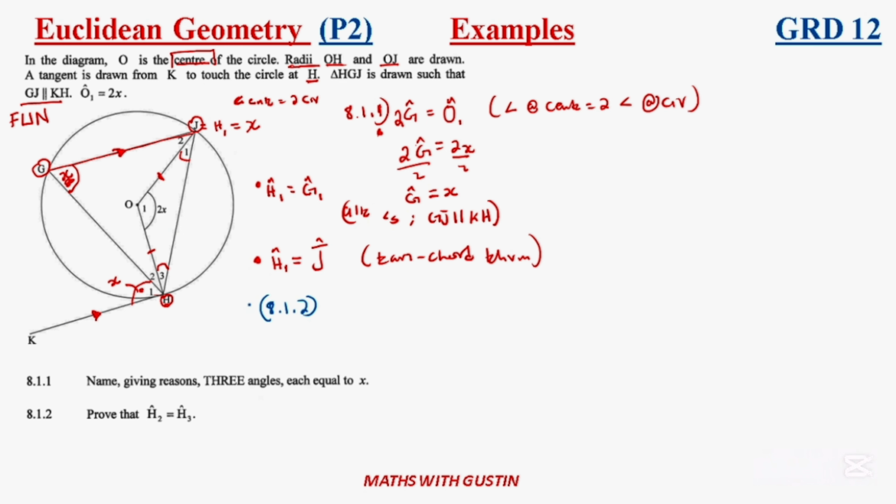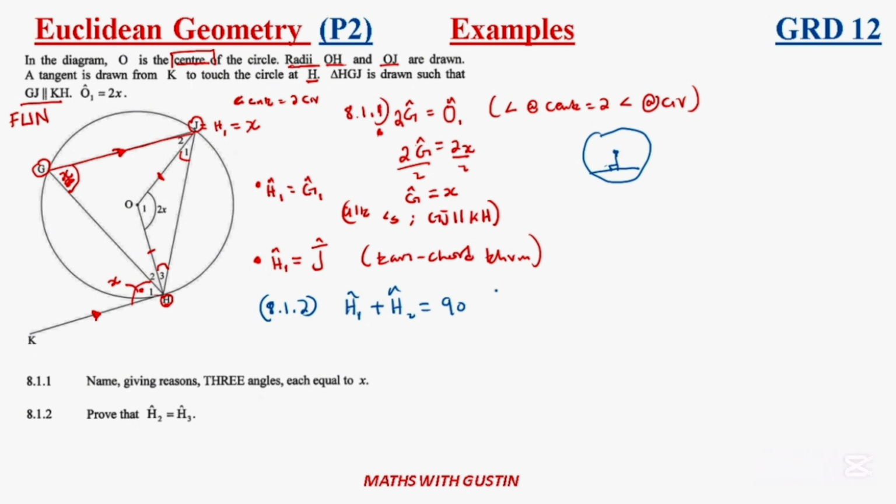So guys, if you look at this one here, we have this theorem that says if you've got a circle and a line is drawn from the center of the circle to the chord, it will bisect the chord and make it perpendicular. So now what do you have here? You have this one here, which means that h1 plus h2 is equal to 90 degrees.